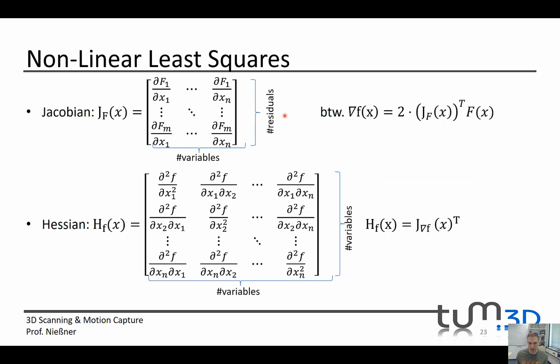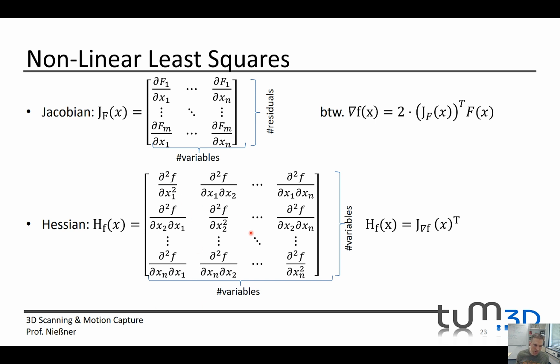And if you're always thinking about what the dimensions of the Jacobians, Hessians and the gradient are with respect to residuals and variables, then you pretty much have a good intuition already whether you're doing things right or wrong, because if the dimensions don't match, obviously something must be wrong.